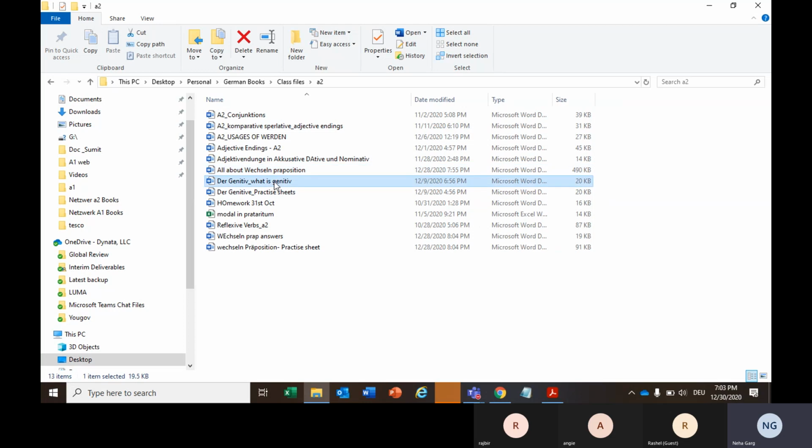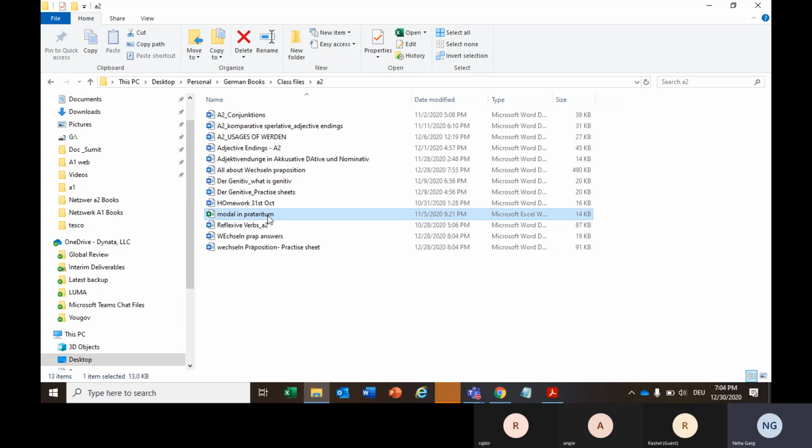Then the genitive case, the fourth case. Nominative, accusative and dative we did already in A1. In A2 we will have the genitive case also. Then reflexive verbs, and we'll learn something about Präteritum also. Like modal verbs we learned in present tense in A1, in A2 we'll learn them in Präteritum form, as in the past tense, along with the past tense of haben and sein.